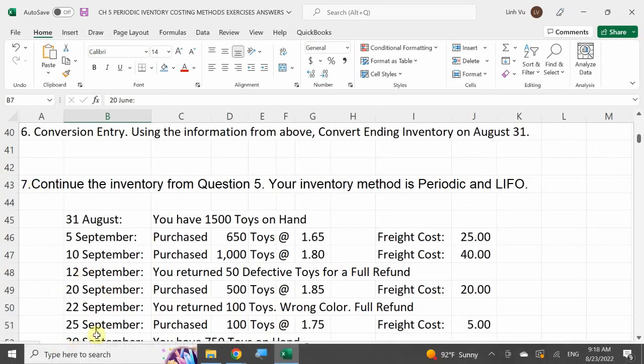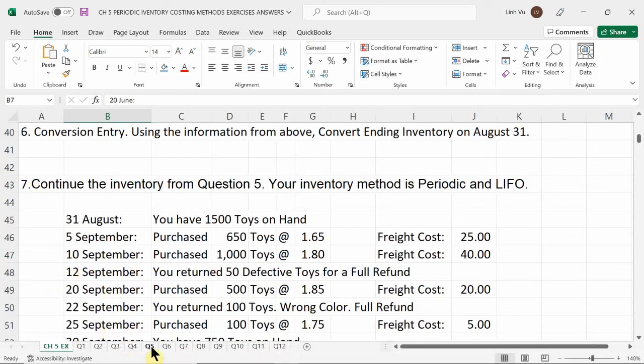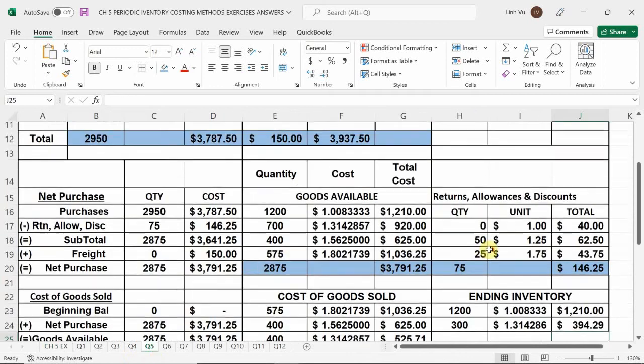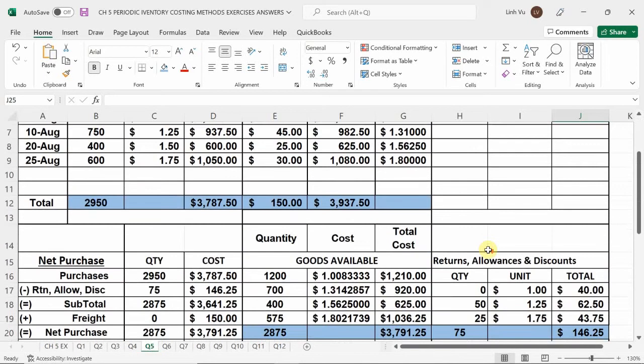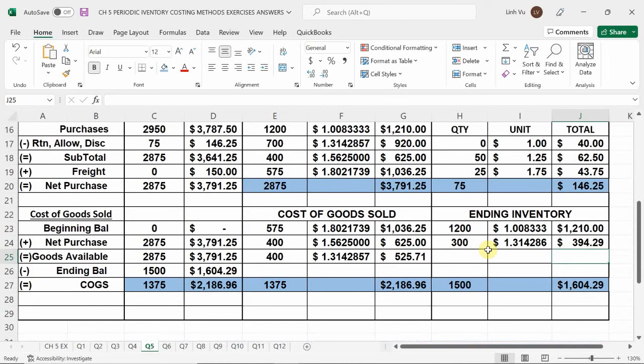We already solved it in our inventory worksheet in question 5. So this is what we have to do. The exact order that we have our ending inventory, we're going to carry it over into our new inventory worksheet. That means I'm going to carry over my 1,200 and my 300 units exactly in that order, okay?